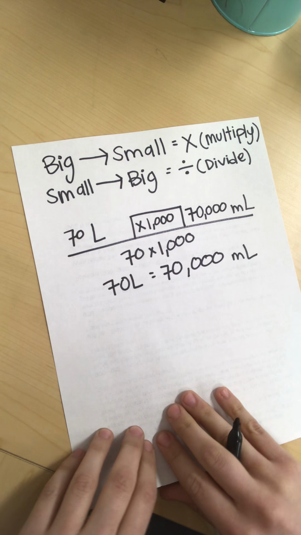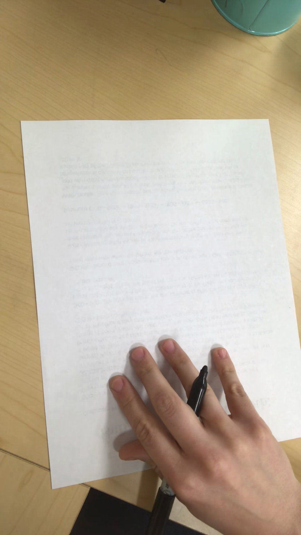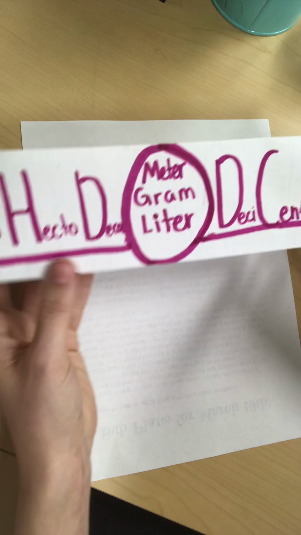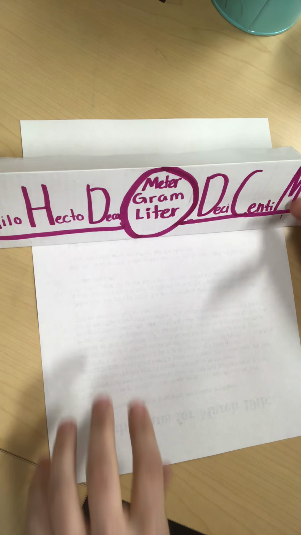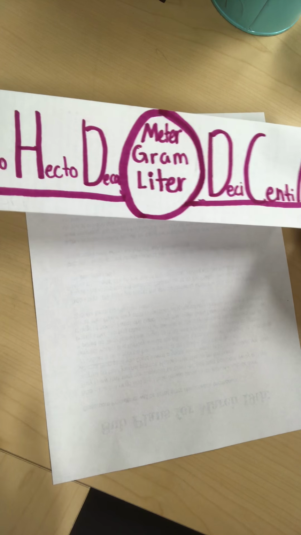Now I'm going to show you another way that is a lot quicker and works with anything in the metric system. Works with grams, works with meters, works with liters. So I'm going to refer to this right here.